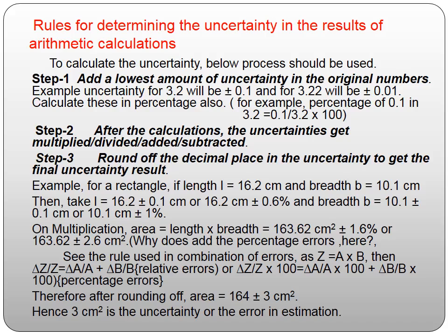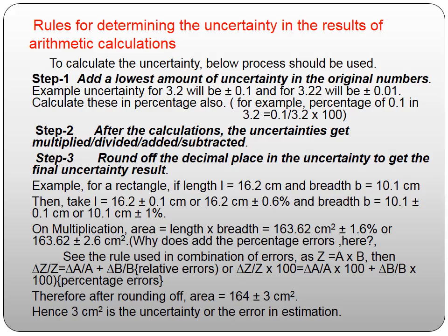Step 2 is, after the calculations, the uncertainties get multiplied or divided or added or subtracted. And step 3 is, round off the decimal place in the uncertainty to get the final uncertainty result. Example, for a rectangle, if length L is equal to 16.2 centimeter and breadth B is equal to 10.1 centimeter.